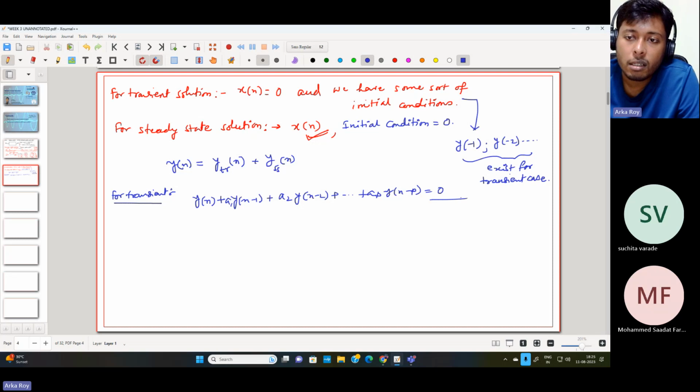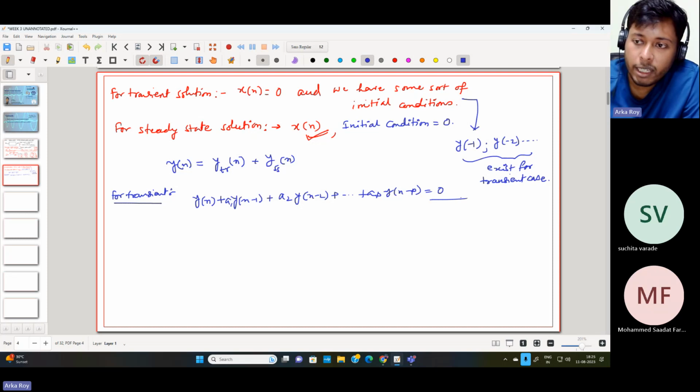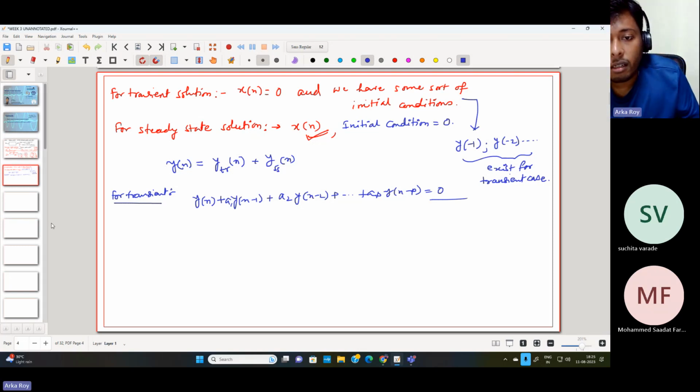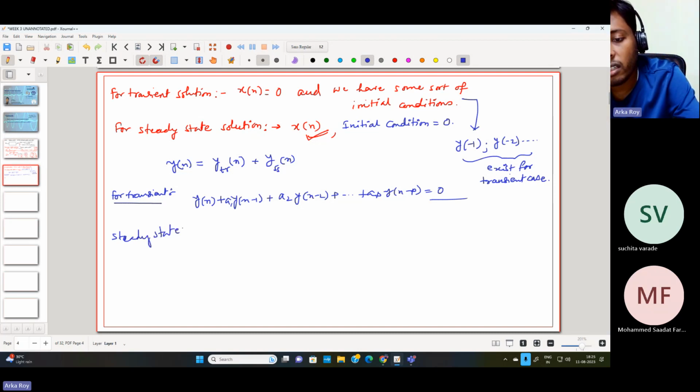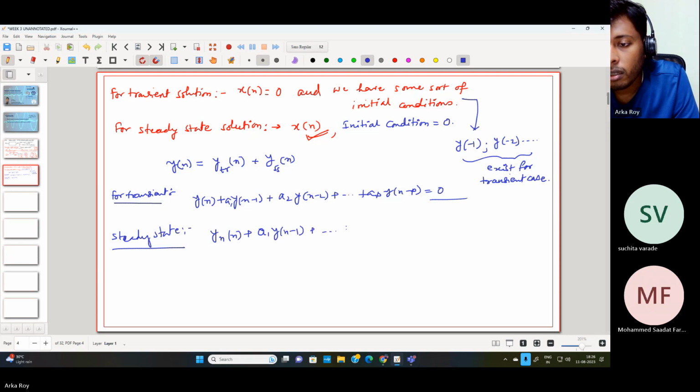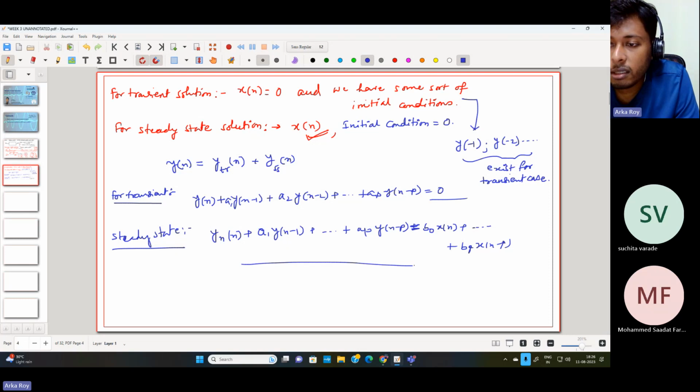That means all the previous, in the left hand side, the signal doesn't have any component. And for the steady state part, this is a more generic solution. As we have already said, we need to consider the whole equation to solve the steady state part: a_p y of n minus p equals b_0 x of n dot dot b_q x of n minus q. So we'll consider this whole thing.